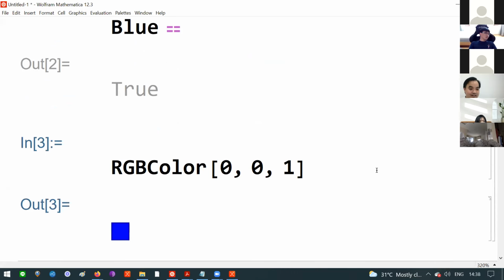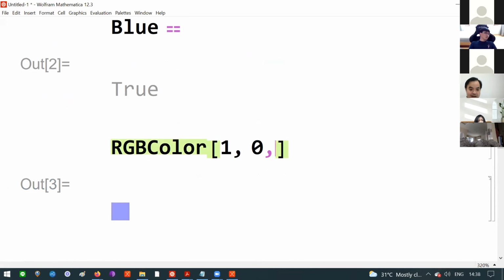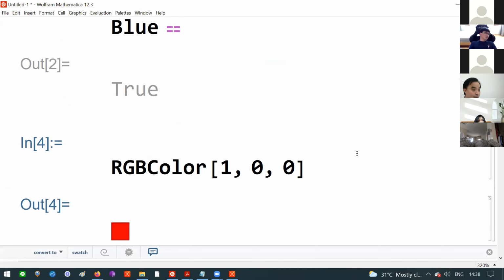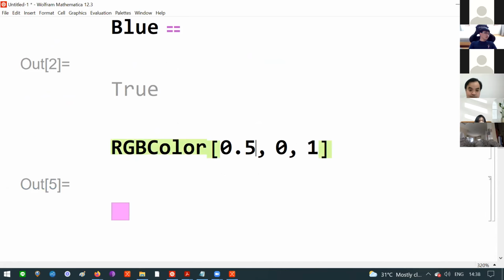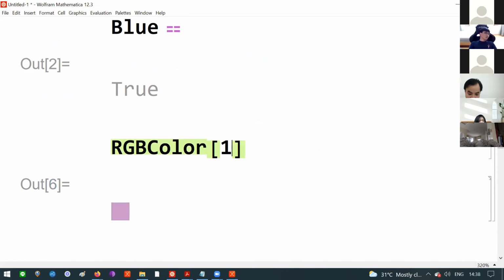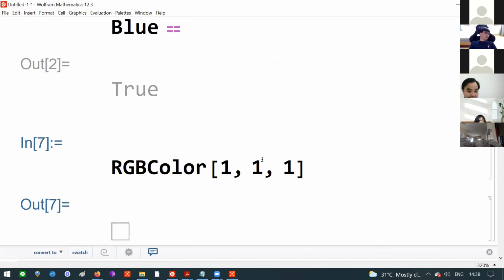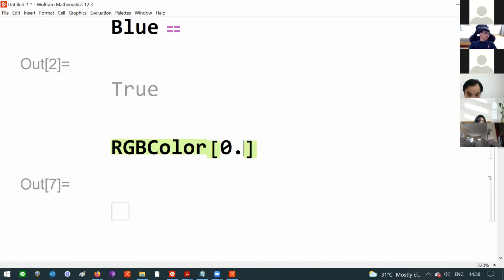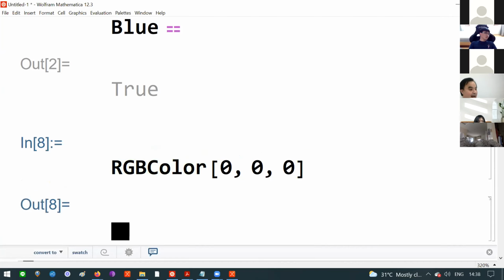So if I want blue, this is my blue. If I want red, this is my red. If I want red and blue, I get my magenta, right? If I want it darker, make it darker. If I want white, if I want black, that's my black.